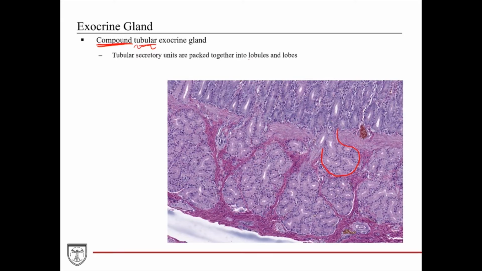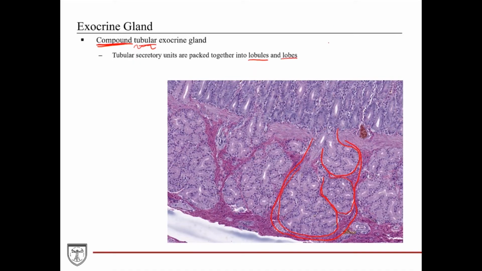We call that a lobule, a smaller grouping of secretory units. And here's another. These lobules are fairly well demarcated in terms of how they're separated away from the connective tissue. Here's another lobule. And a bunch of these lobules in compound exocrine glands are structurally organized into a bigger grouping called the lobes.